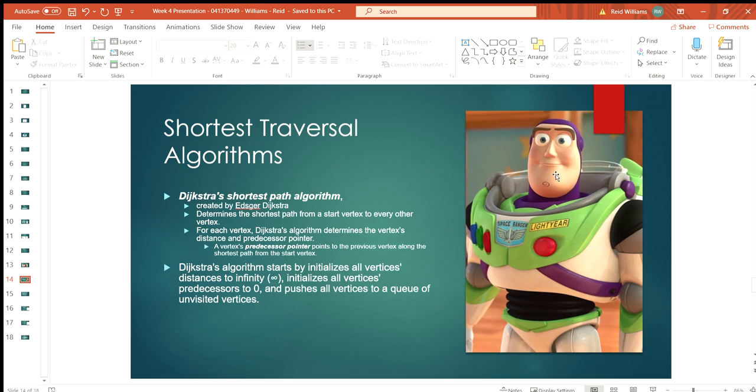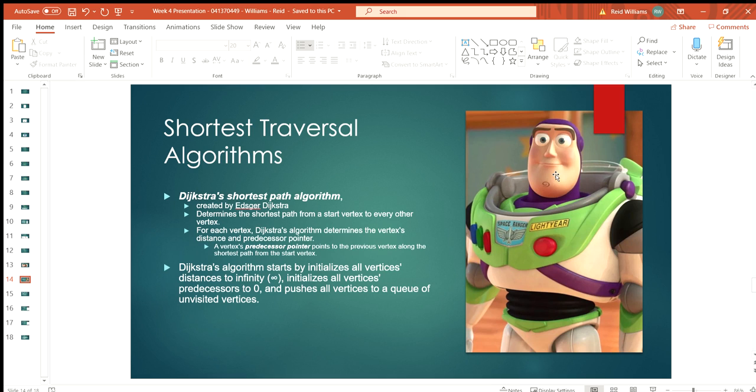So in this shortest path algorithm created by this individual, it actually determines the shortest path from a start vertex to every other vertex in a graph. And for each vertex, this algorithm determines the vertex's distance as well as predecessor pointers.